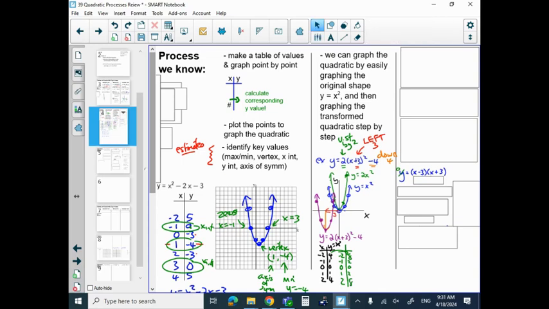Then the red one would have been if we shifted left. Sometimes I do that one last, but y equals 2x squared here. Sorry, it's a little sloppy. I'm just trying to review the ideas here. So y equals the 2, and then we have the (x + 3) squared.